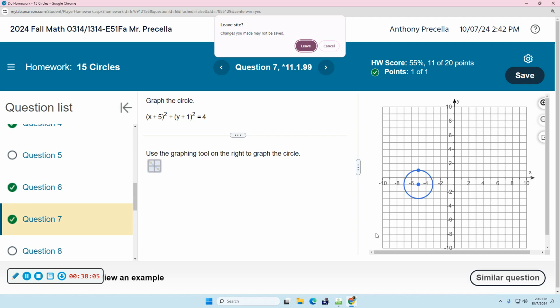This process, x plus 5 quantity squared, that's called a perfect square trinomial. It's x squared plus 10x plus 25. Any trinomial that can factor as a binomial squared is called a perfect square trinomial. So we're going to have to create perfect square trinomials for x, and for y.